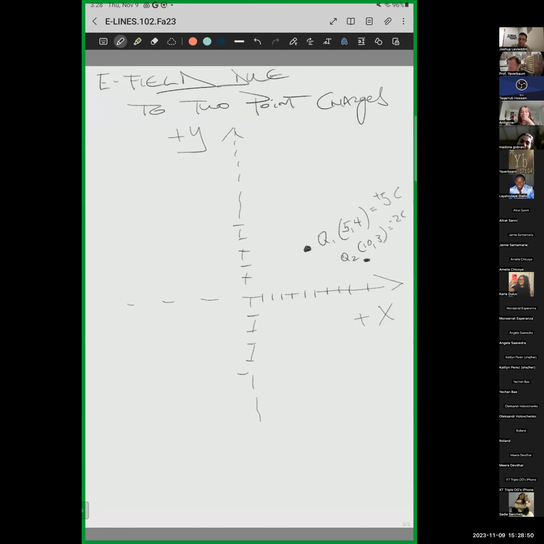In fact, let me be clear. If we zoom in on Q1, it itself is creating field contributions everywhere in the world that look something like this.